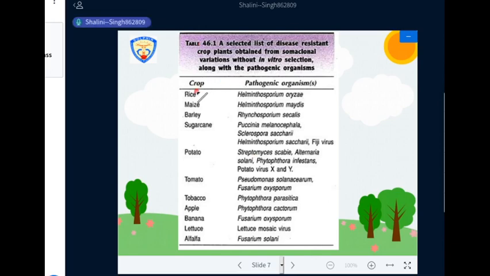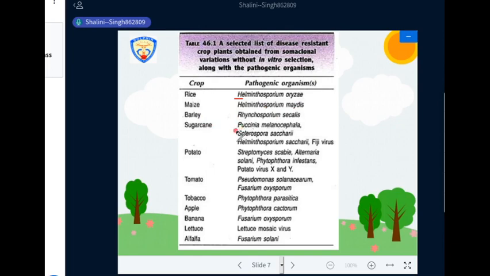These are some examples of plants which have been obtained from somaclonal variations without in vitro selection. In case of rice, resistance against Helminthosporium has been achieved. In maize, again Helminthosporium maydis. In barley, resistance against Rhynchosporium secalis.